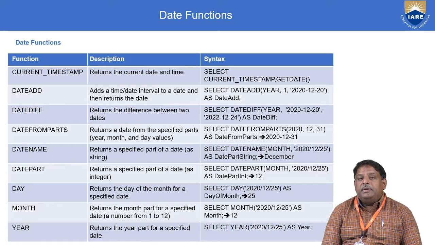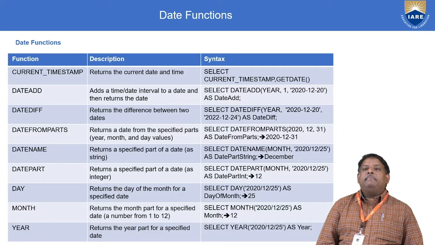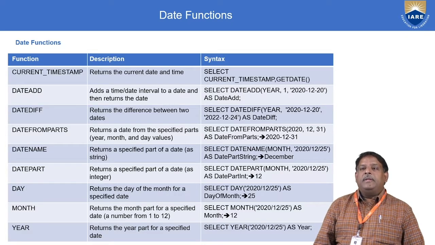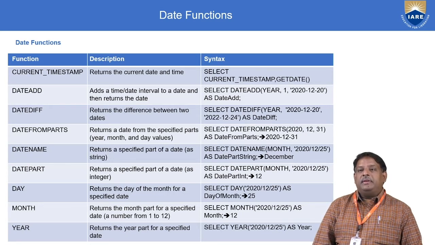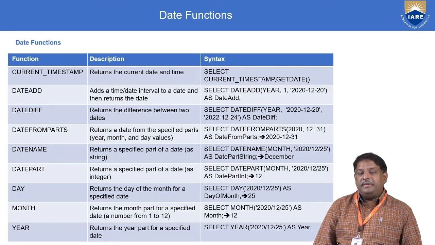Next, date name function. Date name returns a specified part of a date as a string. Select date name of interval month, comma, date. This will give me December. Similarly for date part, this will give you the part of the date as an integer.